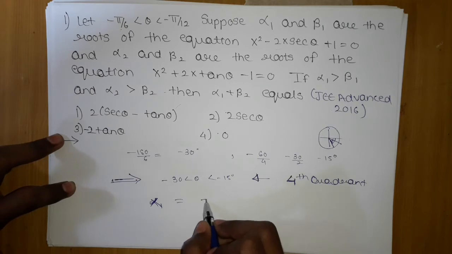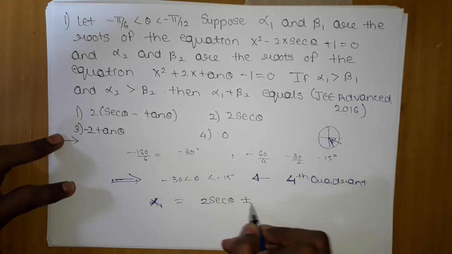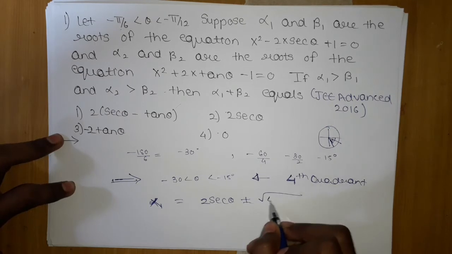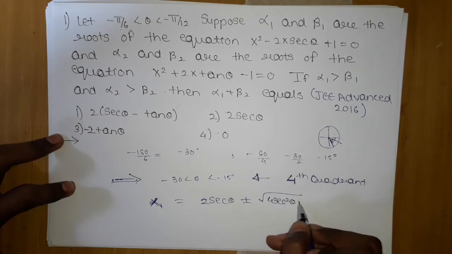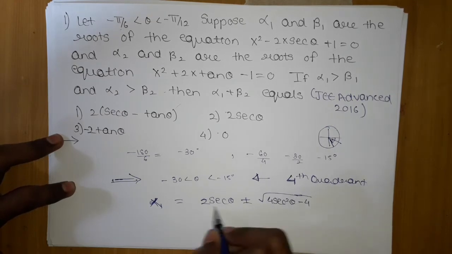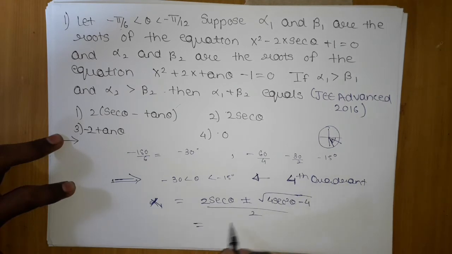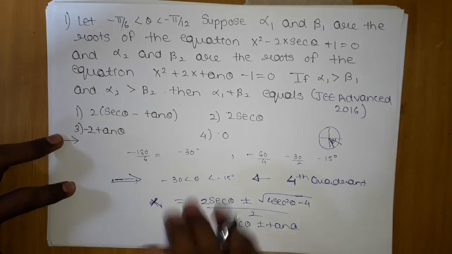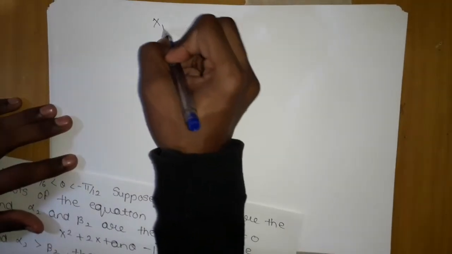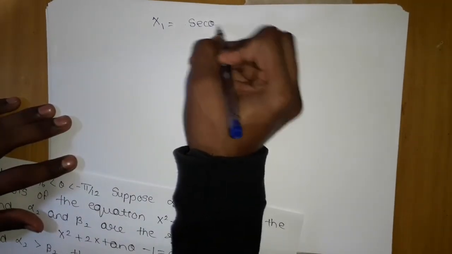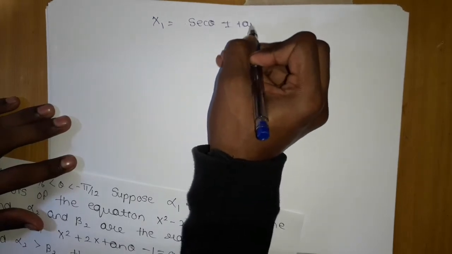So x1 is minus into minus 2, which is 2 sec theta, plus minus under root 4 sec square theta minus 4, upon 2. The 2 will cancel out, and sec square theta minus 1 is tan square theta, so plus minus tan theta. So we got x1 equals sec theta plus minus tan theta. This is our root.